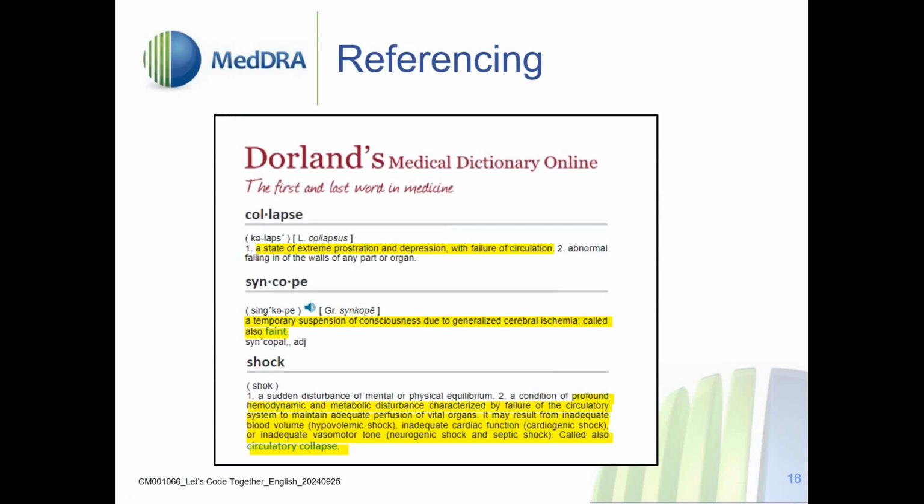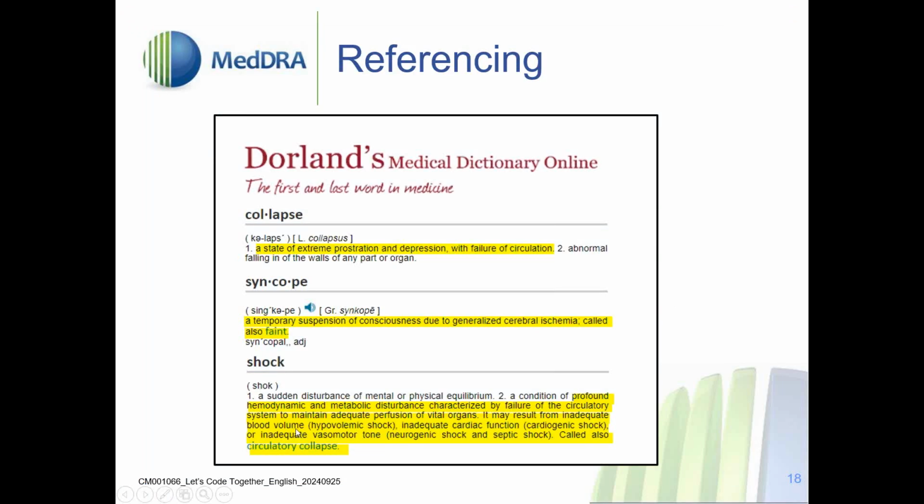The term shock is often used synonymously with circulatory collapse and is defined as a condition of profound hemodynamic and metabolic disturbance, characterized by a failure of the circulatory system to maintain adequate perfusion of vital organs. So a very serious condition.